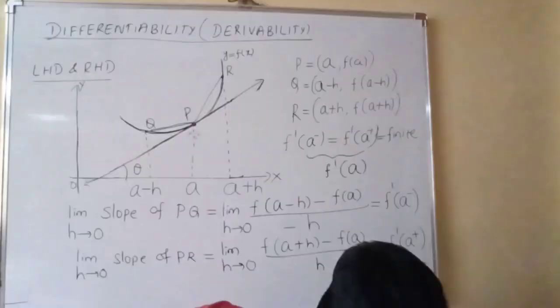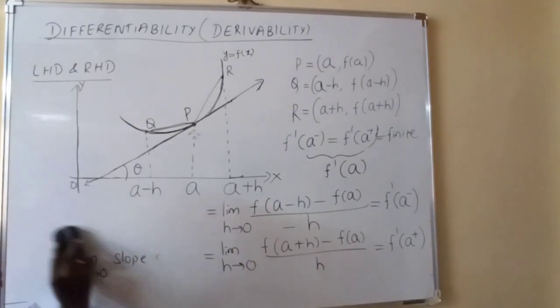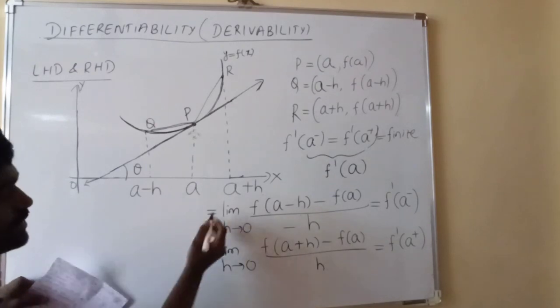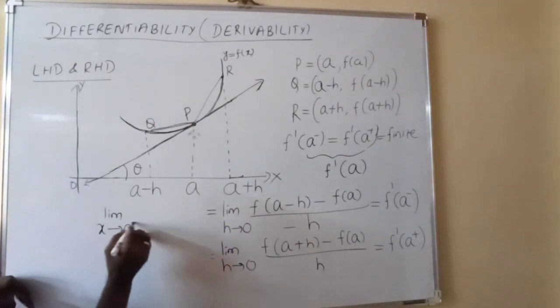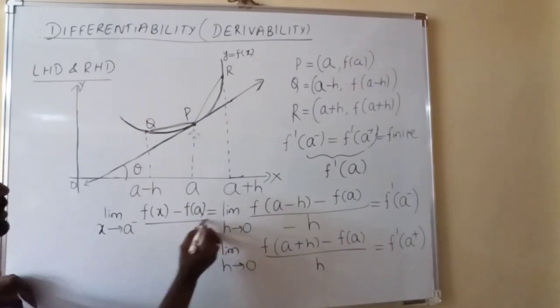So remember these definitions: the f dash of a minus definition and the f dash of a plus definition. These two can also be written differently. The first definition is the same as the limit as x tends to a minus of (f of x minus f of a) by (x minus a).